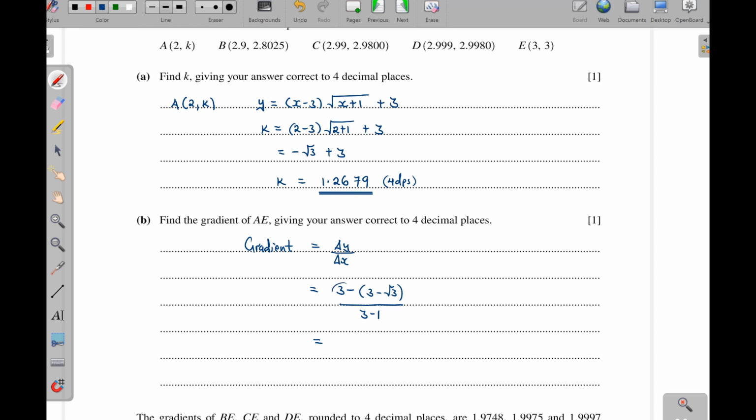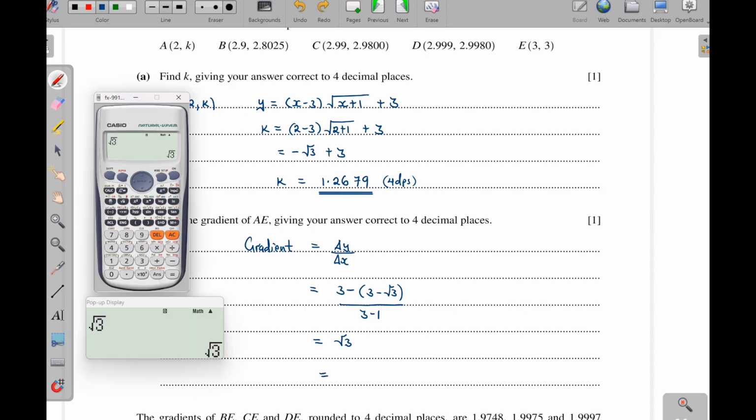And then when you open brackets, you will get 3 minus 3, that one goes, then a negative and a negative becomes a positive, then your answer becomes root of 3. So if they had asked for the exact value, then it would be root of 3. But then they want 4 decimal places. What is root of 3? Is it 1.7321, something like that?